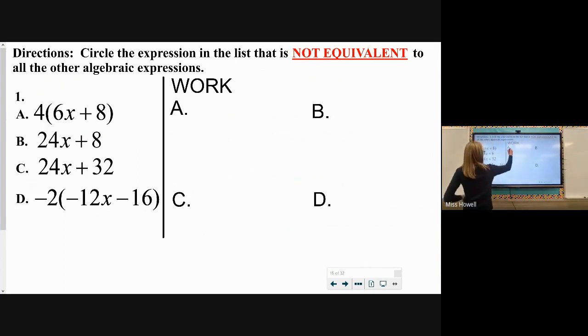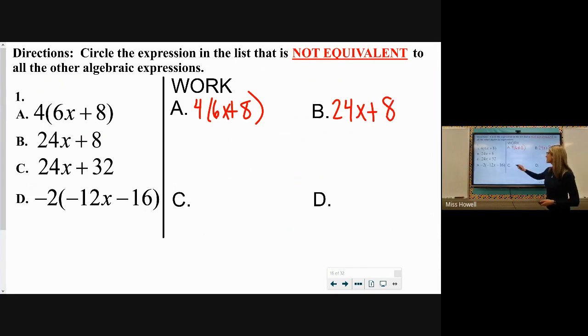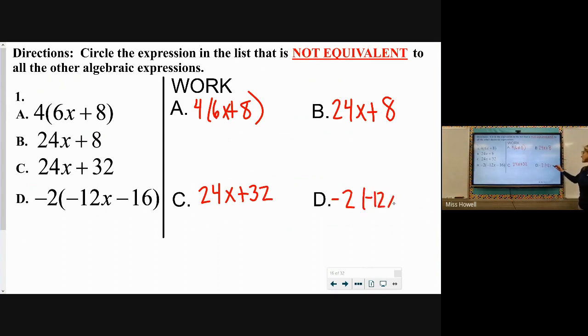So we want to take each item, 4 times our 6x plus 8, get it in its most basic simplified version. 24x plus 8, get it in its most basic simplified version. 24x plus 32, get it in its most basic simplified version. And negative 2 times the negative 12x minus 16 to its most basic simplified version.